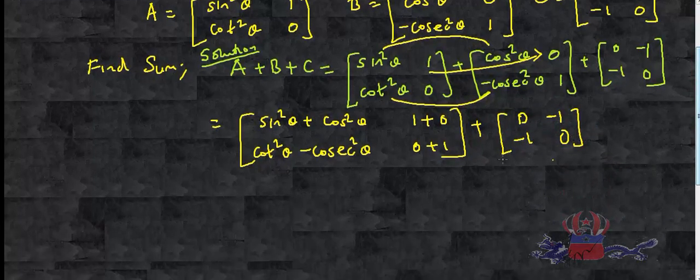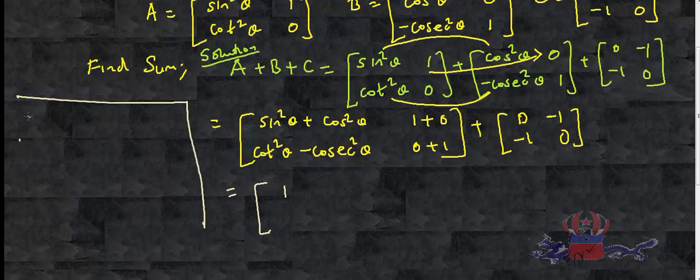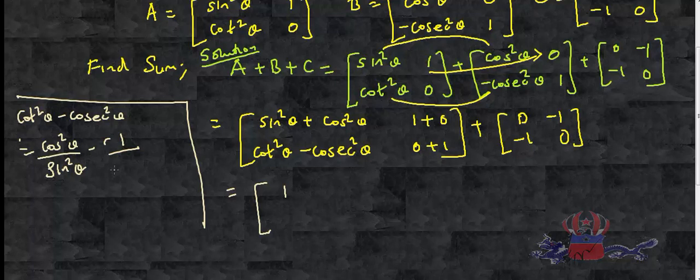Now, from the laws of trigonometry, we know that sin²θ added with cos²θ would give me 1. Now, what is cot²θ - cosec²θ? I would be showing you that. It can be rewritten as cos²θ over sin²θ, followed by a negative sign. Cosec²θ is actually 1 over sin²θ, right?